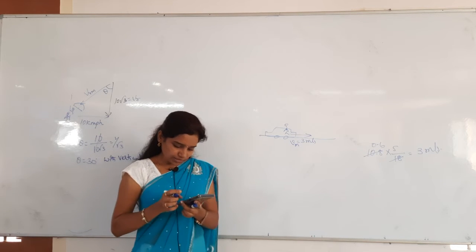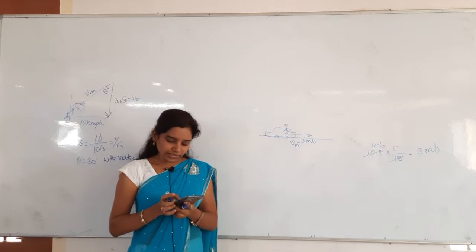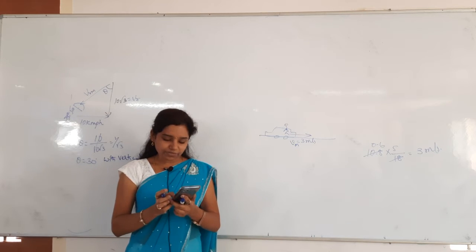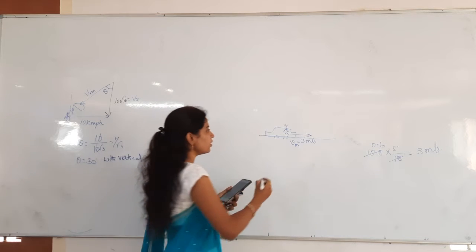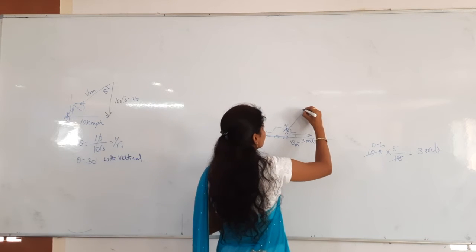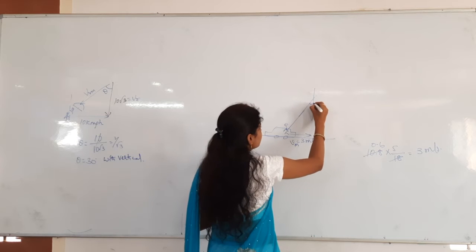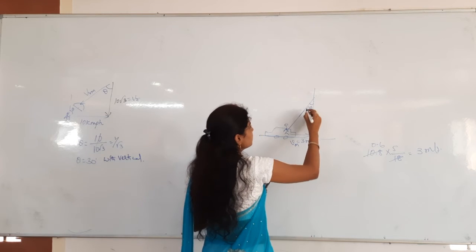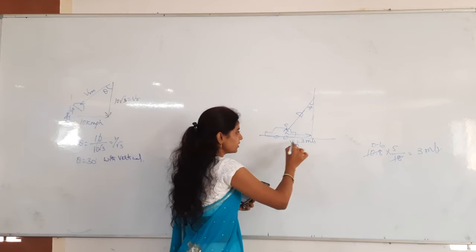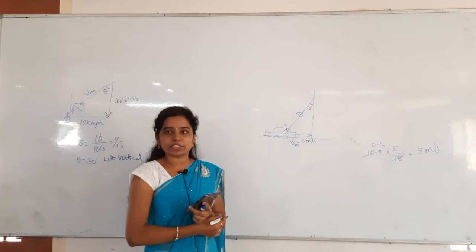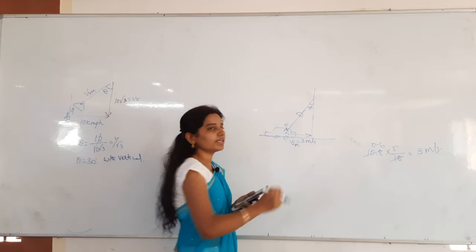Then after that he holds an umbrella at an angle of 37 degrees with vertical, so that he does not get wet. He is holding the umbrella in this direction. Now horizontally how much speed is there? 3 meters per second. They have given the angle clearly.